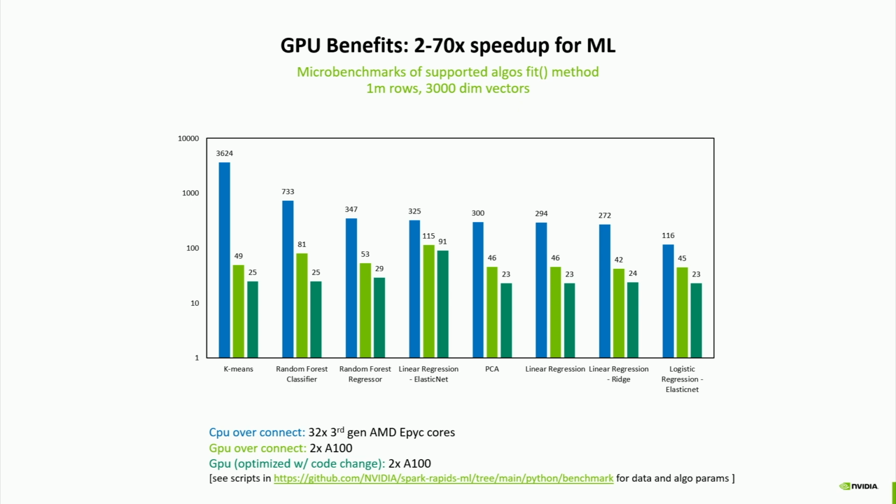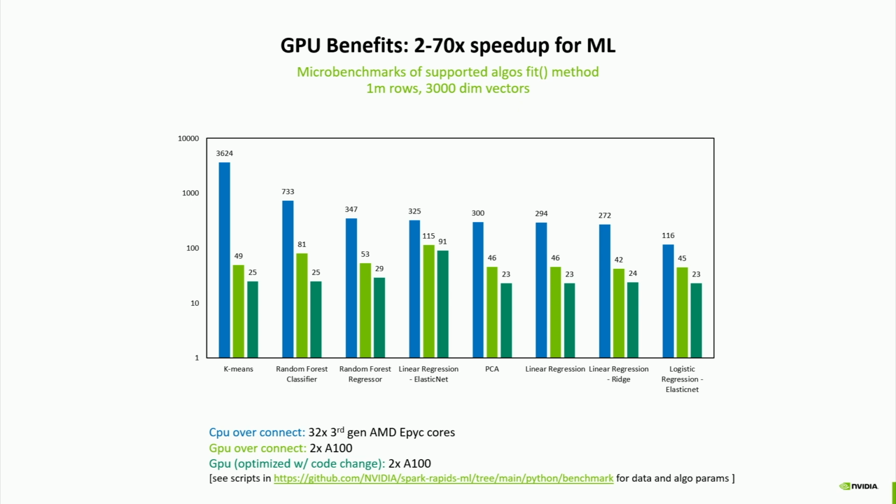The variation in speed up depends on how much compute to I/O there is for the individual algorithms. And k-means in particular is a particularly standout one from this point of view. The algorithm parameters and data dimensions were selected to be fairly high compute regimes to highlight benefits of GPU acceleration.